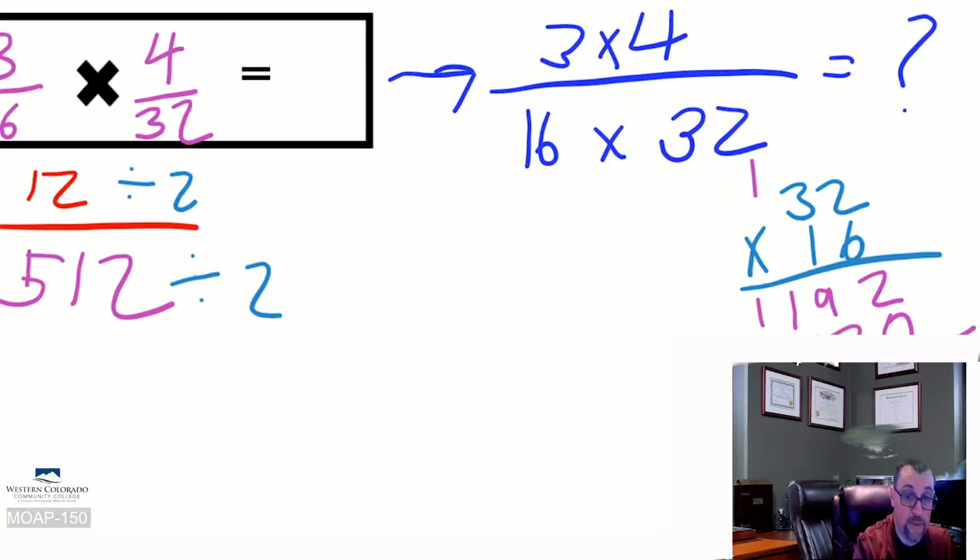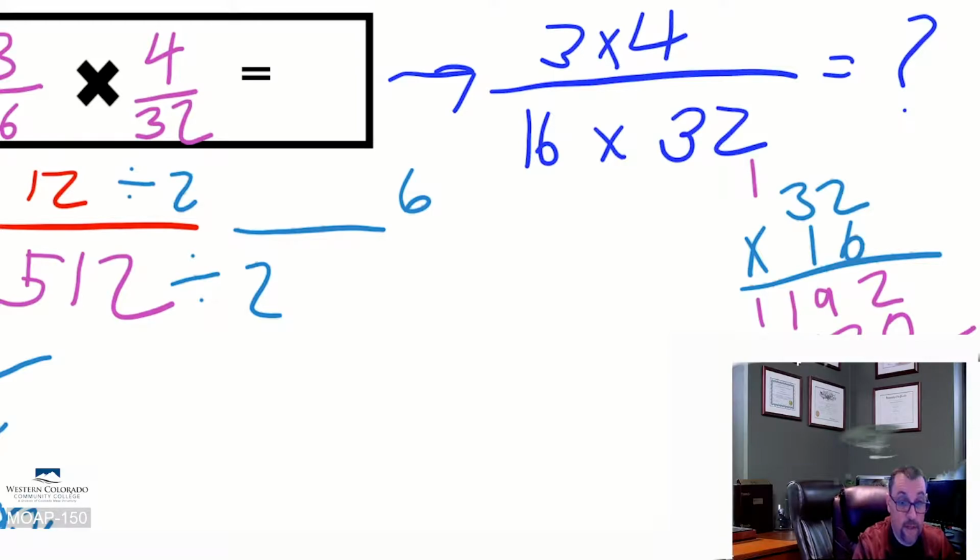So 12 divided by 2 and 512 divided by 2. 12 divided by 2 is 6. 512 divided by 2 we would probably have to do out. So 512 divided by 2. Does 2 go into 5? Yes, goes in 2 times. Does 2 go into 11? Yes, goes in 5 times.